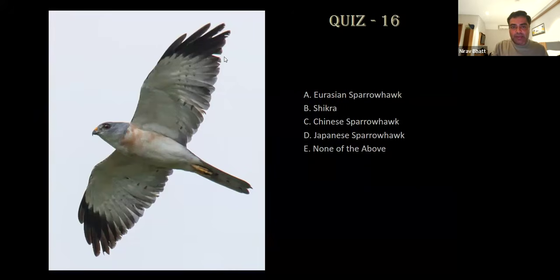Dark black outer primary fingers is one very important pointer for Chinese Sparrowhawk. Then only 4 outer primaries are seen clearly. 1, 2, 3, 4. The P10 being the shortest of all. It can otherwise be confused with a Shikra, but it is not. See, very prominent yellow colors here and 4 outer primaries and very dark fingers. This is a typical Chinese Sparrowhawk.